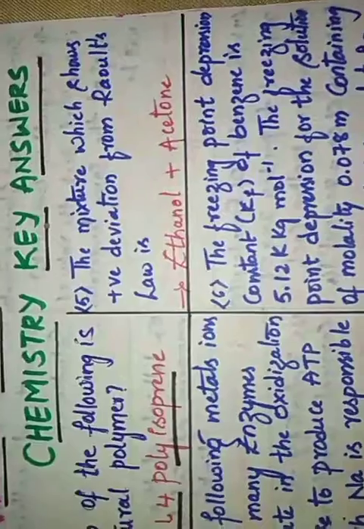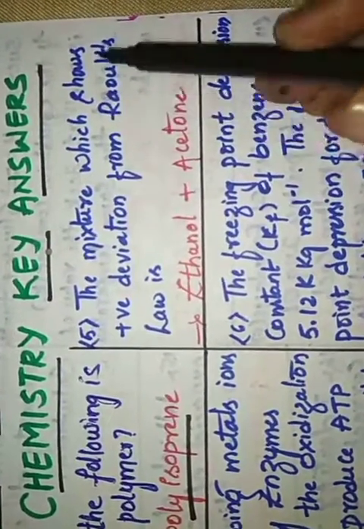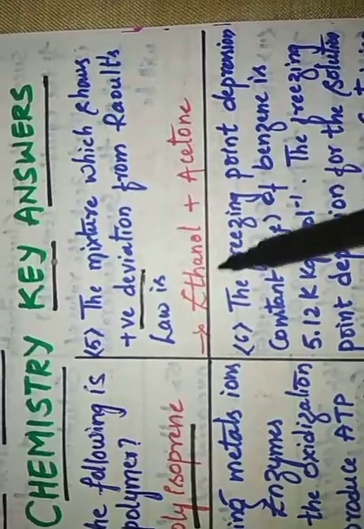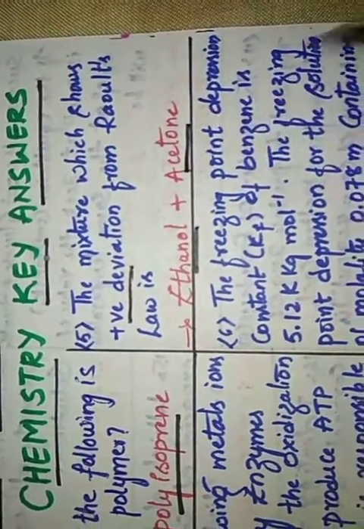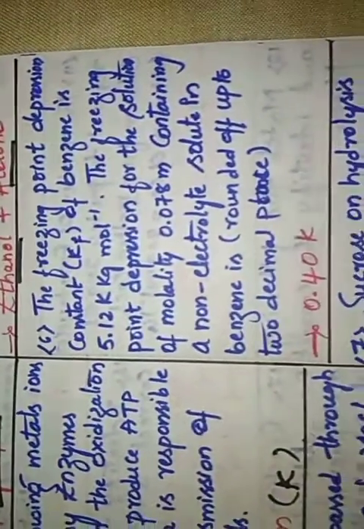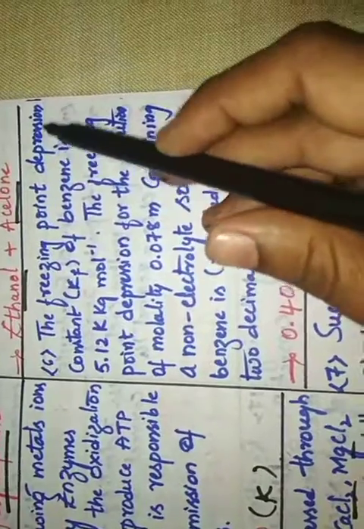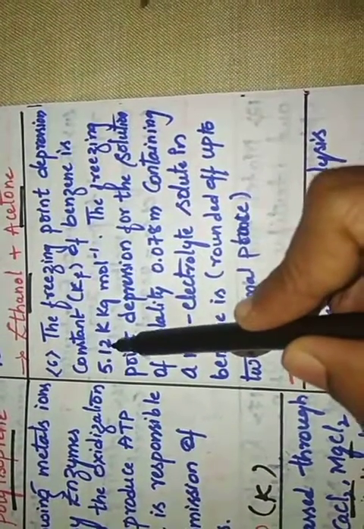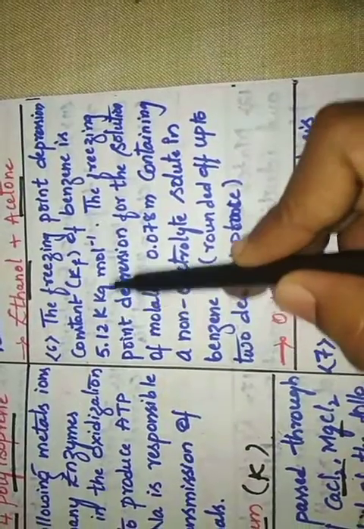Moving to the fifth question, the mixture of which shows positive deviation from Raoult's law? That is ethanol plus acetone. Now moving to the sixth one, the freezing point depression constant Kf of benzene is 5.12 Kelvin kg per mole.